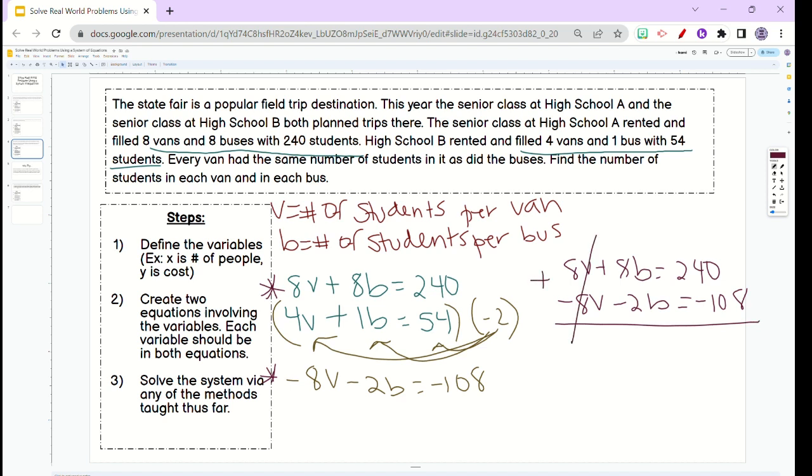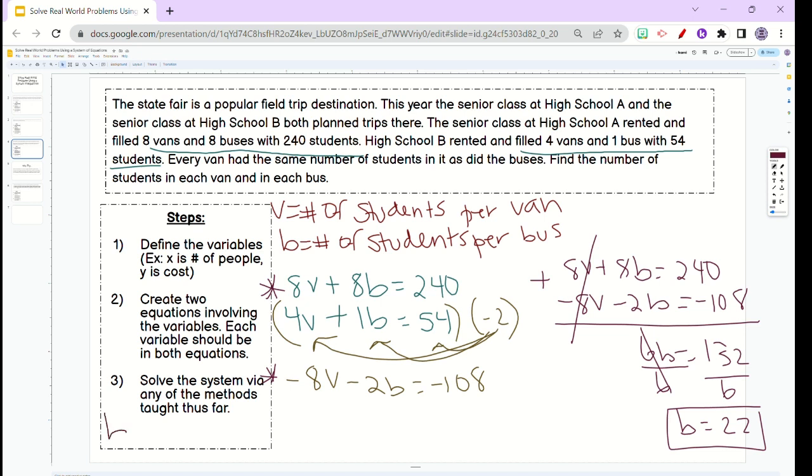So these two cancel. Now we have 8B minus 2B. So 8 minus 2 is 6B. And then we have 240 minus 108, or 240 plus -108, and we get 132. Divide each side by 6, and now we have B is equal to 22.